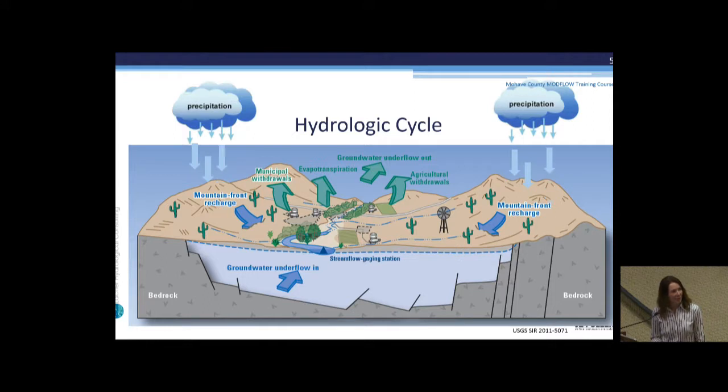And I show it here happening over the mountains only. Of course, it does, as you know, rain in the basin sometimes. It may even snow a little bit, but most of the recharge happens from precipitation that falls on the mountains and either recharges right near the mountain base or runs off in ephemeral drainages into the basin.